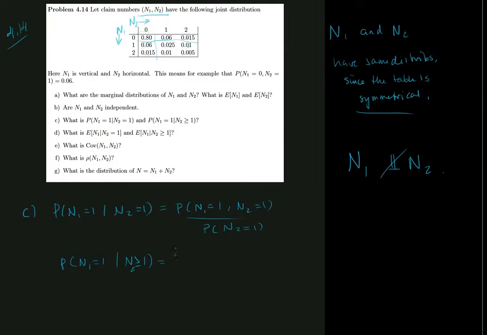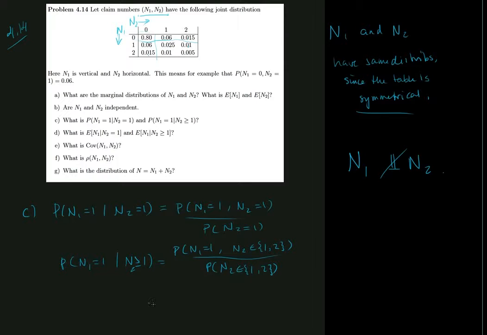So what I have here is the probability that N1 is equal to 1 and N2 can be either 1 or 2, divided by the probability of what we condition on, which is that N2 is greater than or equal to 1, which means that N2 is either 1 or 2.